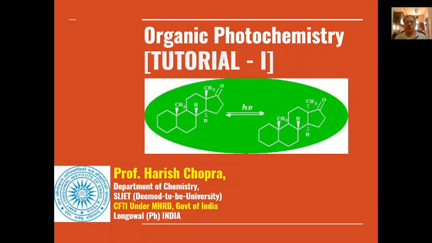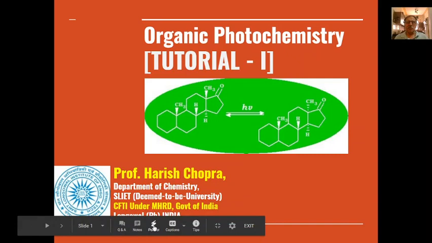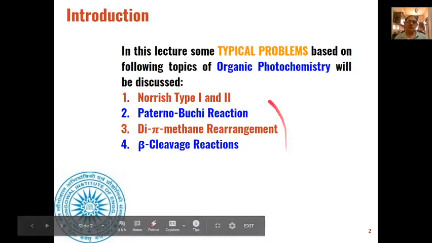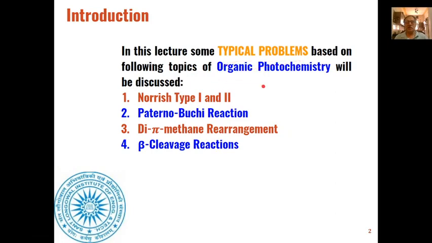So we have covered many of the topics on photochemistry, and that is why this tutorial has been made. The tutorial will be on Norrish type 1 and Norrish type 2 reactions, and the typical problems which will be solved during this lecture.